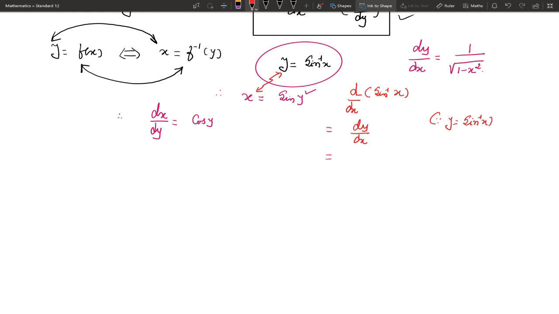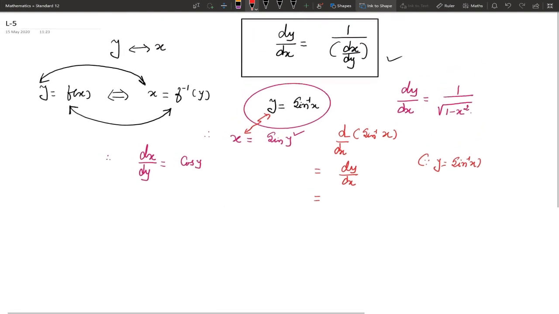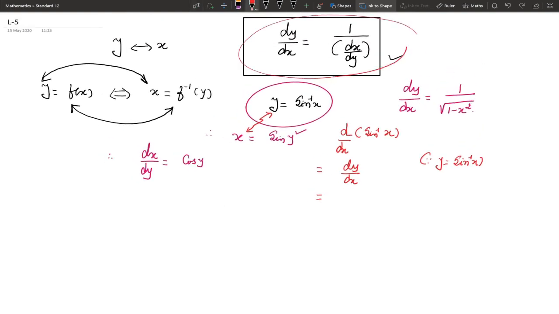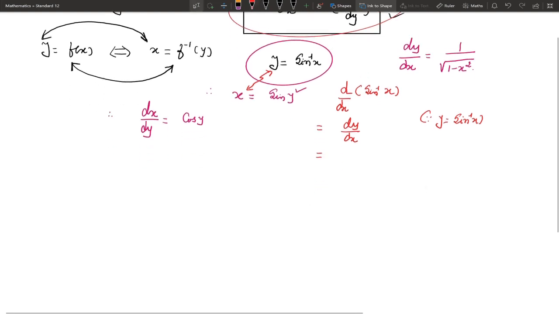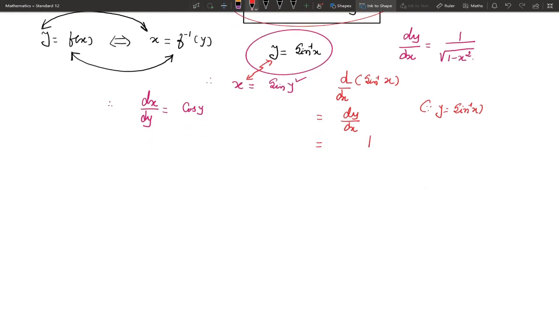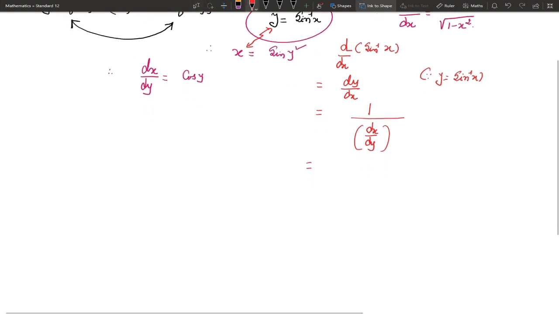By the formula of derivative of inverse functions, dy by dx equal to 1 upon dx by dy. So this is 1 upon dx by dy. Now put the value of dx by dy, it is cos y. So 1 upon cos y.